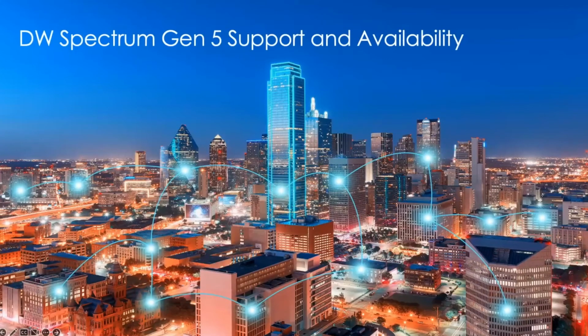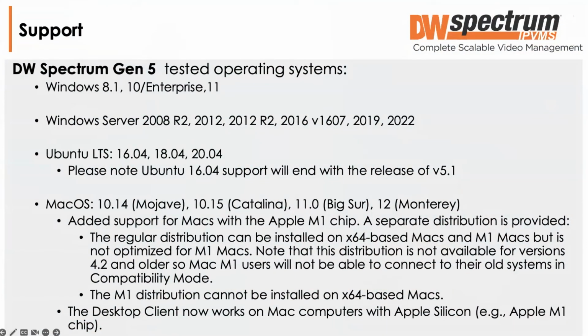Okay, so now support and availability. Gen 5 has been tested on Windows 8, Windows 10, Windows 11, all the way up to Windows Server 2022 in terms of its compatibility. It's also compatible on the Ubuntu platform with 16, 18, and 20.